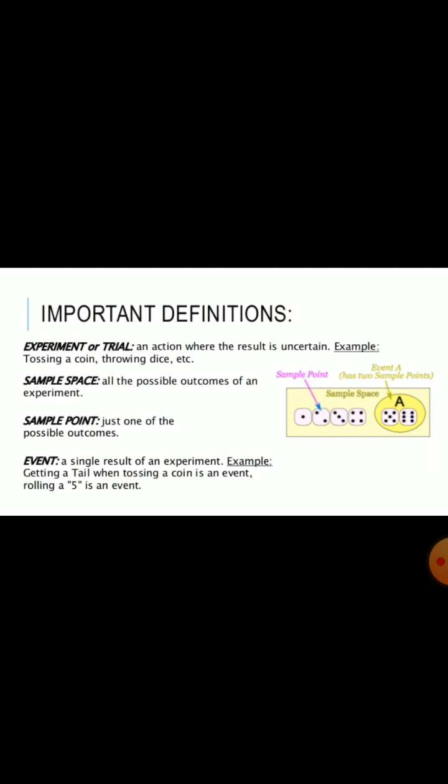Event means the desired outcome that we want. Like if we throw a dice and we want 5, then 5 is the event. Now you understood the points: experiment, sample space, sample point and event.